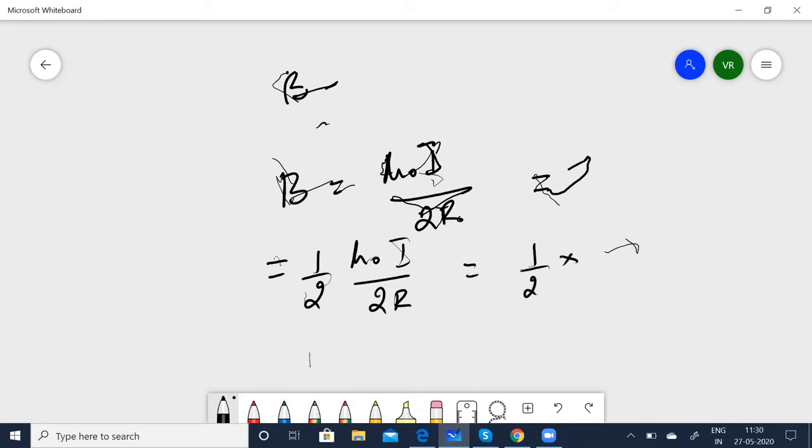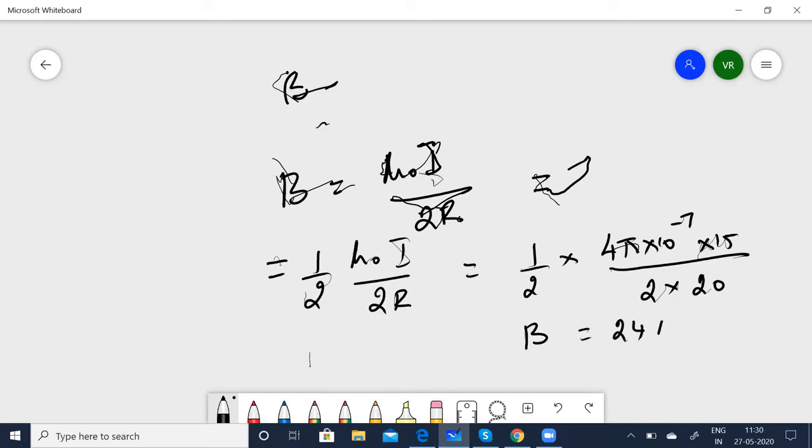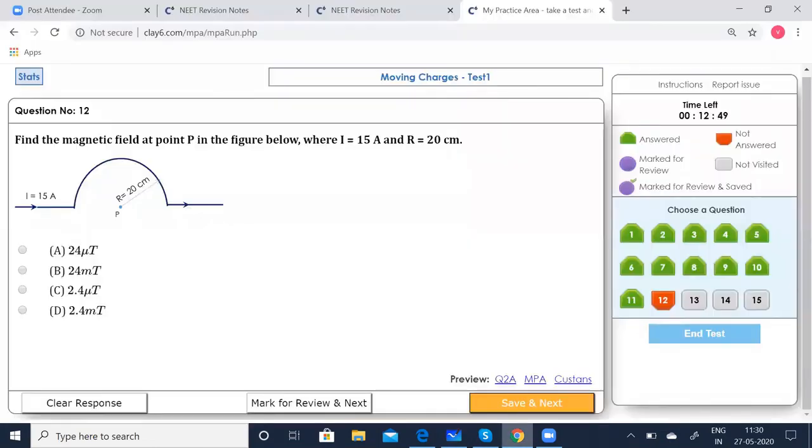So half into mu 0, which is 4 pi into 10 to the power of minus 7, into I, which is given as 15, divided by 2 times R, which is 20. Quickly simplify this. You can find that B is approximately equal to 24 microtesla. Millitesla, I'm sorry, millitesla. So option B is correct.